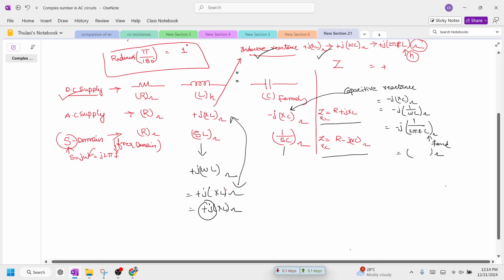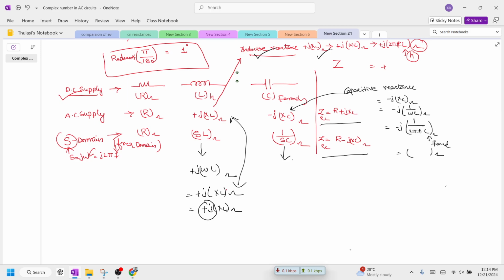This is the formula, how I got plus j XL ohms. So in this format, 1 by sC, you already know that s is equal to j omega. So this can be written as 1 by j omega C, ultimate units are ohms. But I want to shift the j to the numerator, so I am writing an operator.